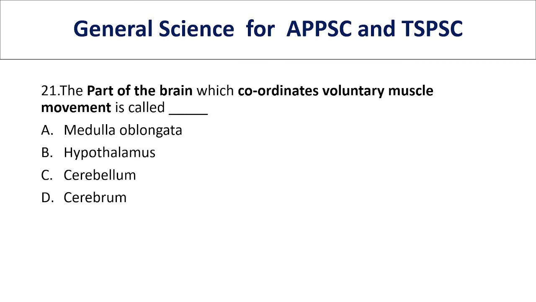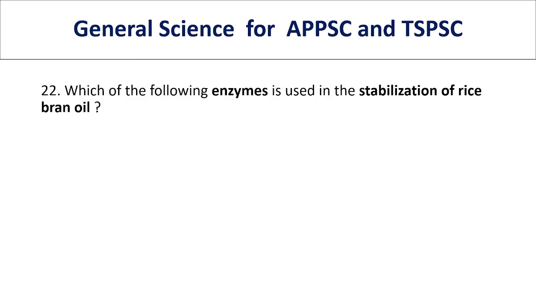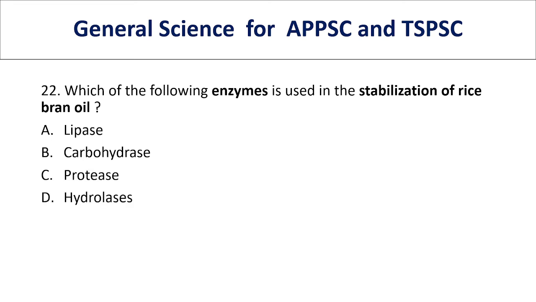So the part of the brain which coordinates voluntary muscle movement is called cerebellum. Next, which of the following enzymes is used in the stabilization of rice bran oil? And the options are lipase, carbohydrates, protease, and hydrolysis. And the answer is lipase is the enzyme used in the stabilization of rice bran oil.